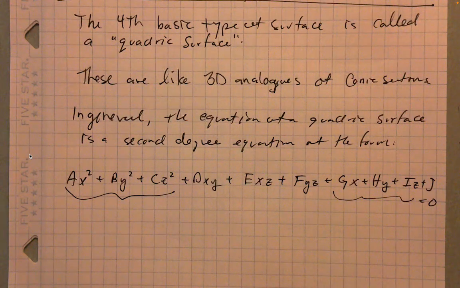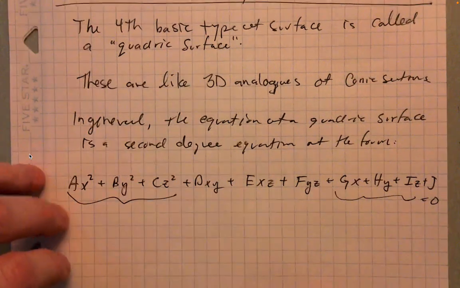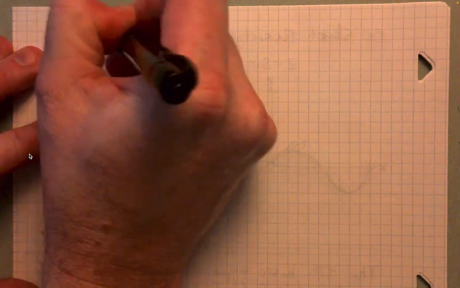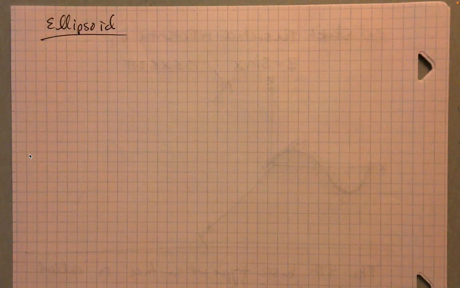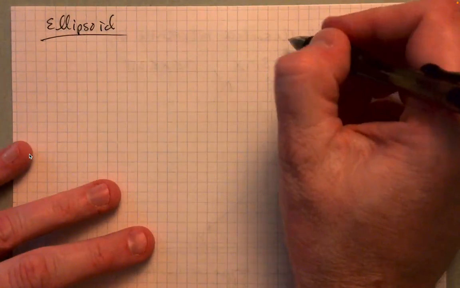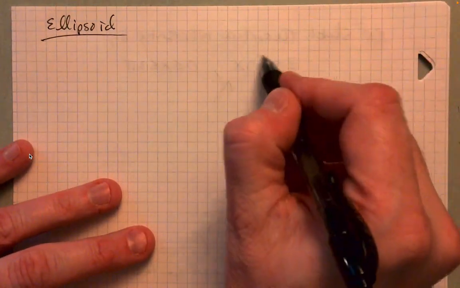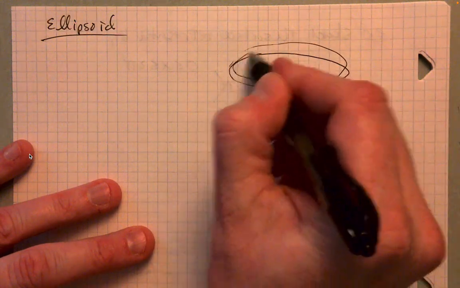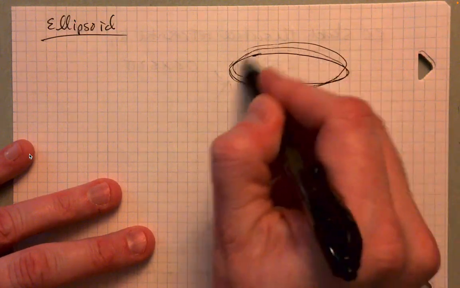All right, so we'll go through these in order, and I'll try to draw a picture of each of them, and I'll definitely give you the equation and some notes on how to think about the equation. Okay, so the first one is what's called an ellipsoid. If you draw an ellipse this direction, you draw an ellipse the other direction, it's where they intersect.